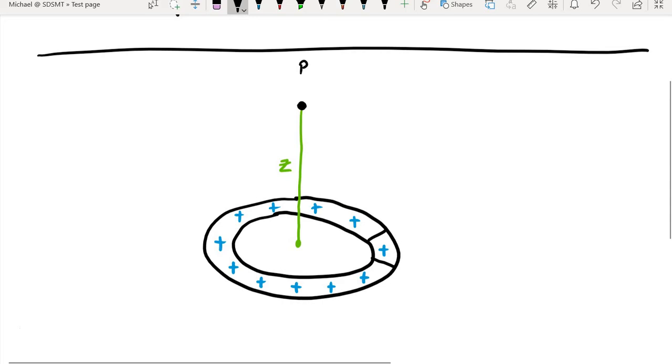So up here at point P, I want to measure the electric field, and over here I have my individual infinitesimal charge that I'm going to use as basically a test bed to see what I'm getting out of our expression over here.